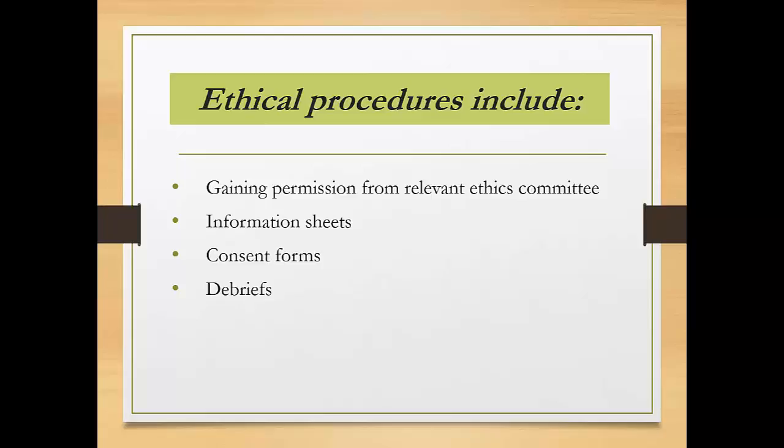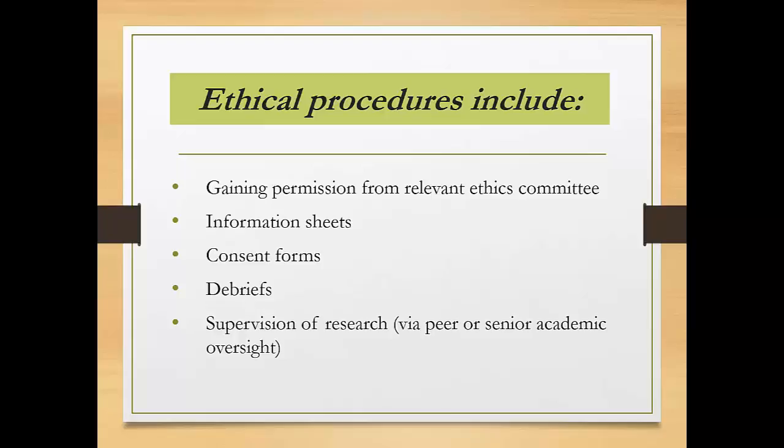Finally, it's important that there is some kind of supervision of the research by a peer or a senior researcher so that any problems or mistakes are noticed and addressed before somebody gets harmed. These procedures were put in place because sometimes in the past researchers did not work ethically and people were harmed.